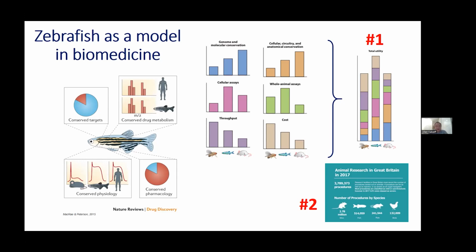And time will pass, and we will see that zebrafish becomes probably number 1 rather soon. So it's a very important model organism, and the question is, how can we use it to solve complex biological problems?